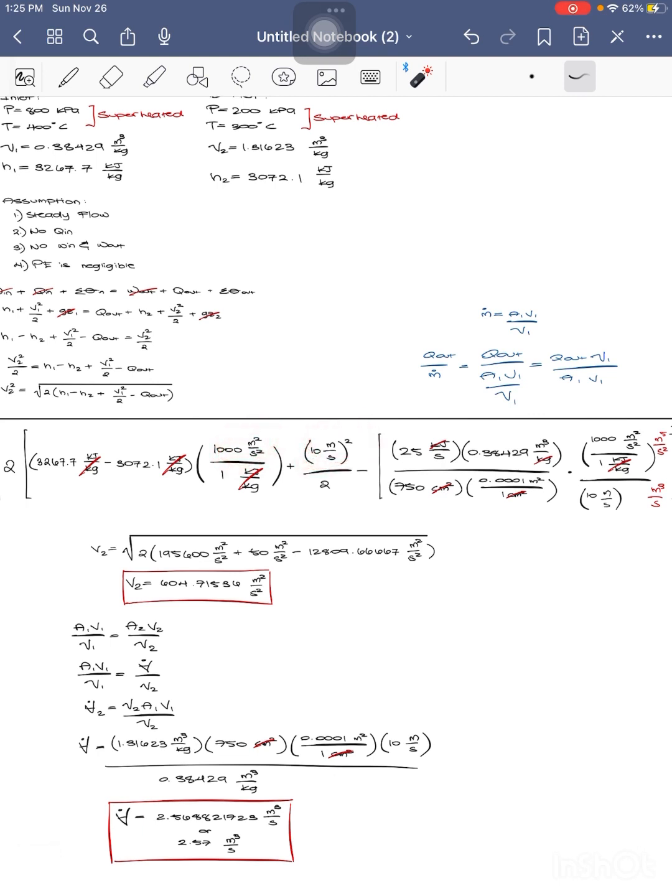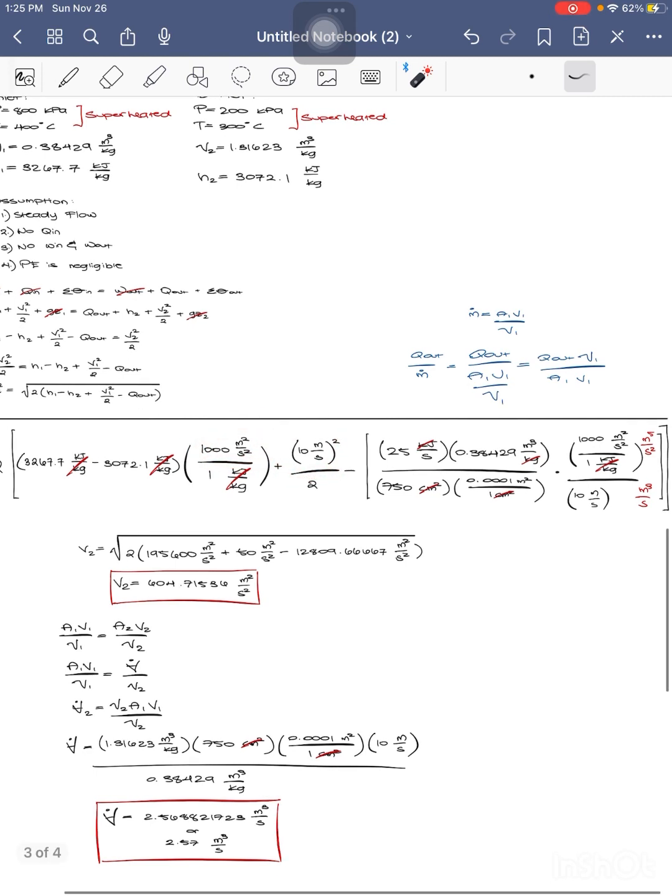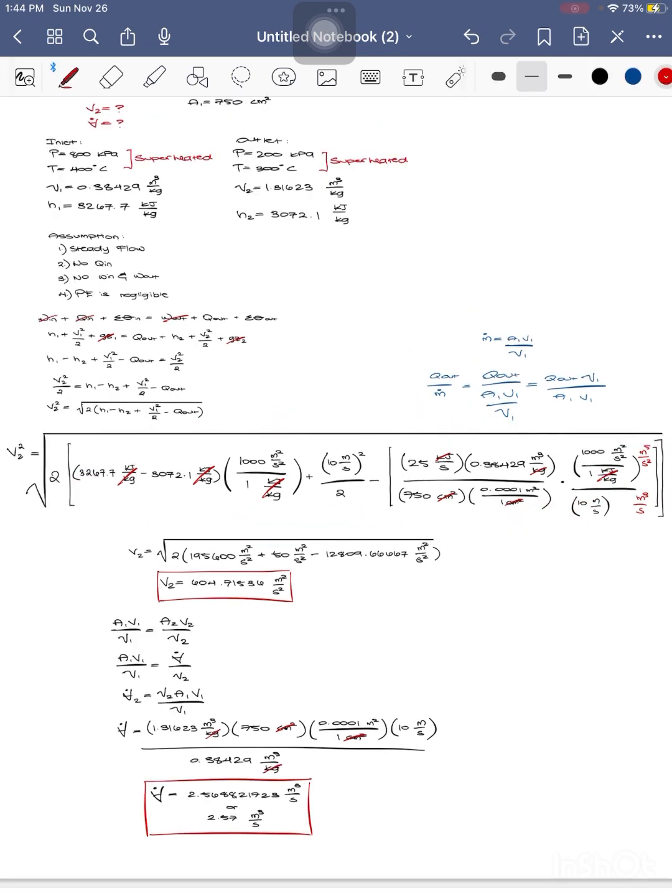So, since they have the same units, I was able to solve the equation.